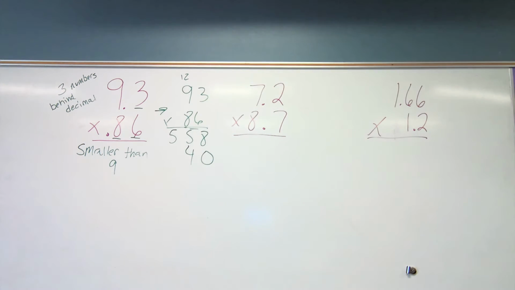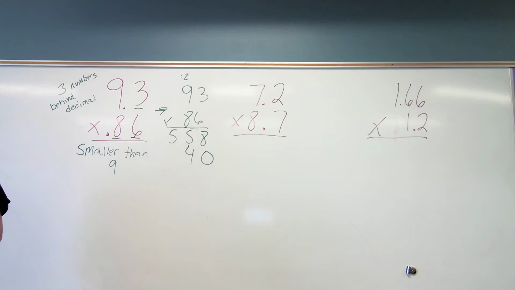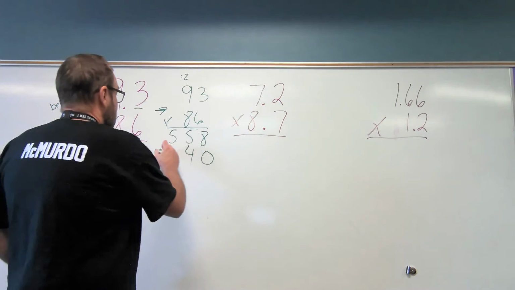Seth, what is 8 times 9? 72. What is 72 plus 2, Seth? 74. Good.